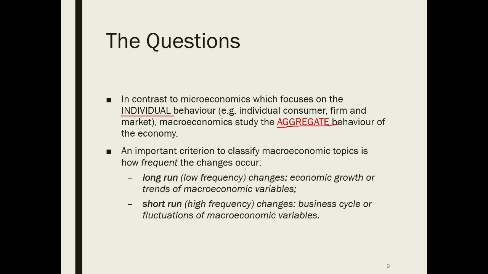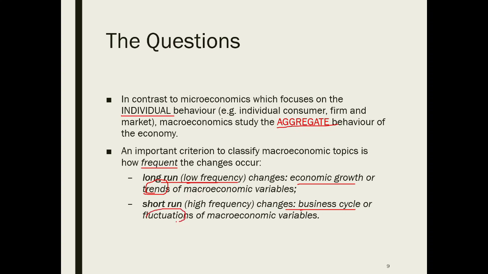Within macroeconomics, there are again two fundamental issues. The first one is economic growth, which discusses changes of the long-run trend of the macroeconomy. The second one is business cycle, which discusses deviations from the trend. Another way of looking at the two fundamental issues of macroeconomics is the frequency of changes. The trend only changes very slowly, so economic growth is driven by low-frequency factors like technology and institutions.